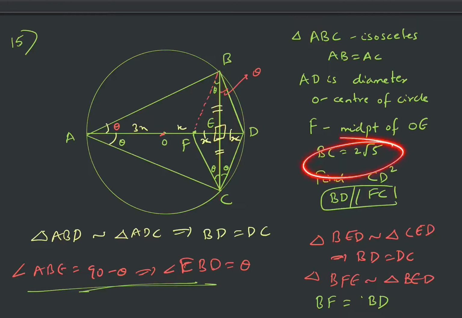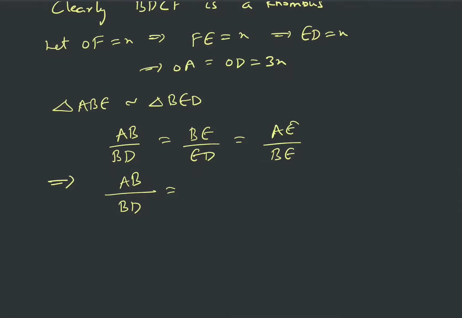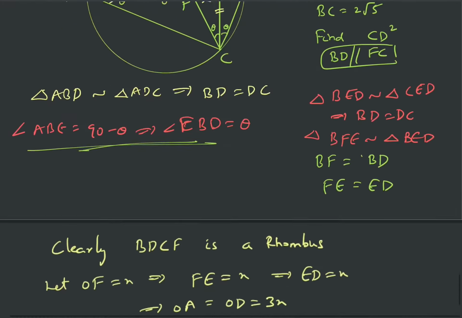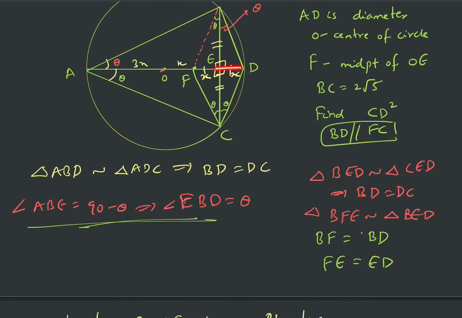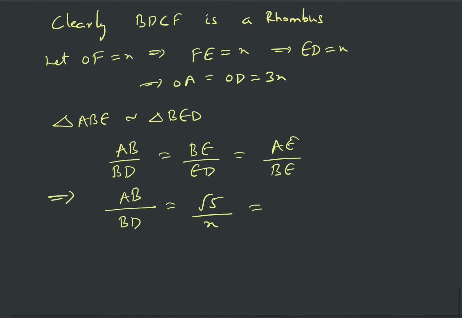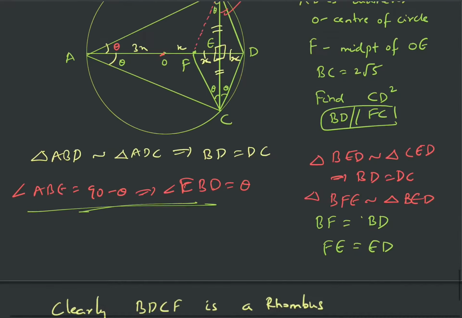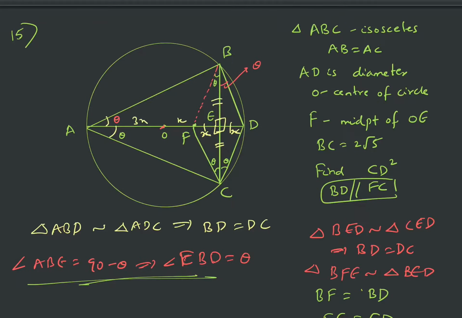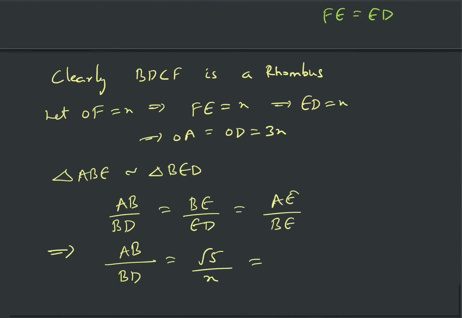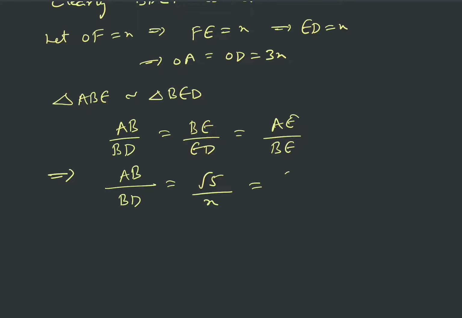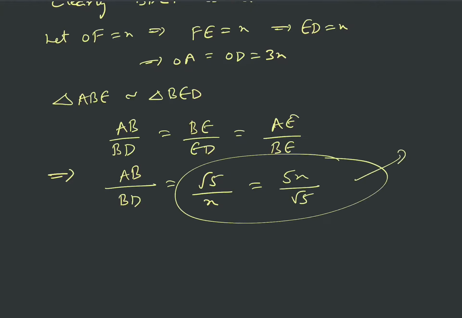Since BC is 2 root 5, BE is root 5. And ED, you can see that this is equal to x, right? ED is x. And AE over BE. So AE is nothing but 5x. AE is 5x over BE. BE is again root 5. Okay, so these two are proving out to be useful. I mean, this is not so useful here.